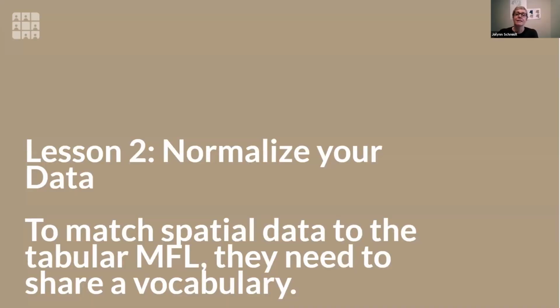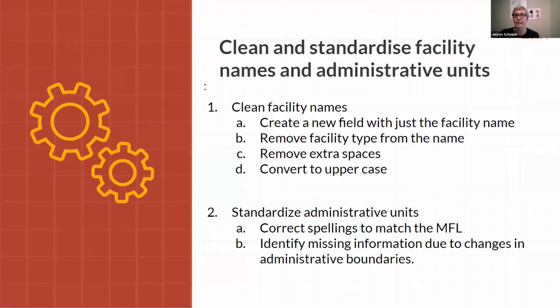The second lesson is to normalize your data. When you're matching spatial data to a tabular master facility list, they need to share a vocabulary. It's pretty standard to clean a data set, cleaning the names and creating maybe just a name field and a type field, but it's also important to look at administrative units.